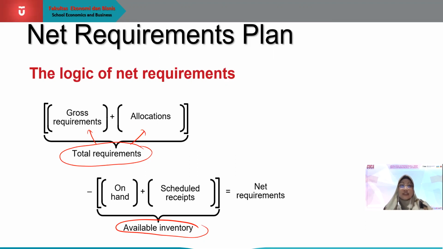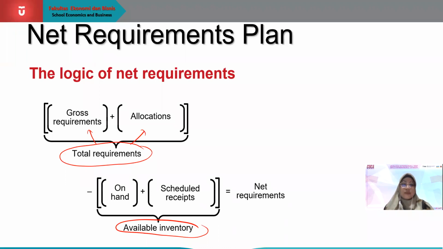Meanwhile, the allocation is the order that came before the MRP period that we are calculating now. For example, we calculate MRP for January to June. In that period, the company is still producing orders from the previous period, for example from December, but you produce these materials in the current period.